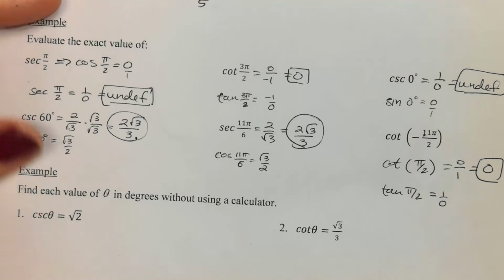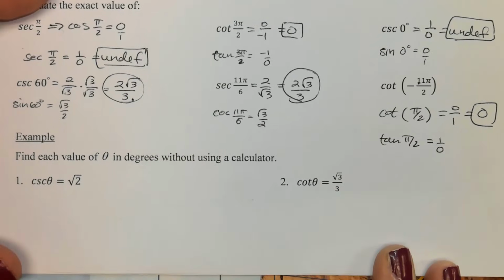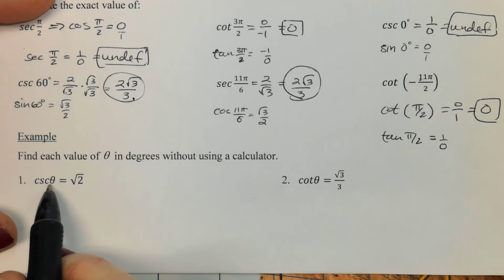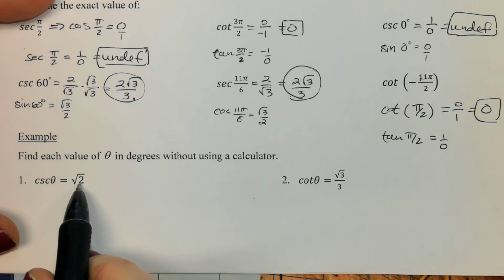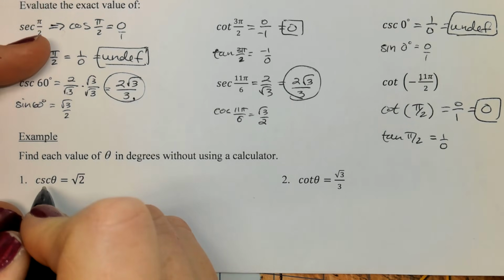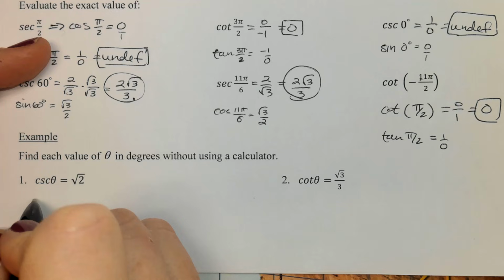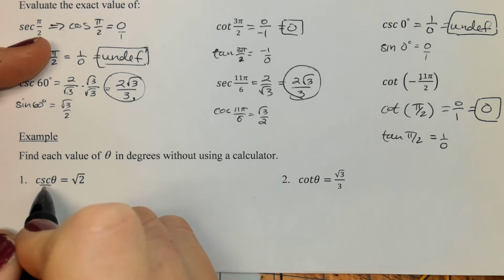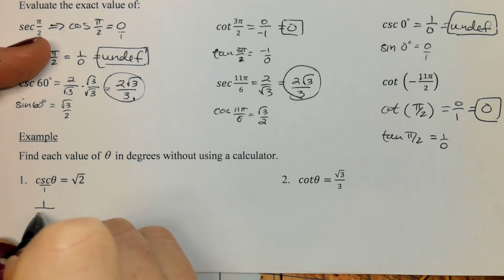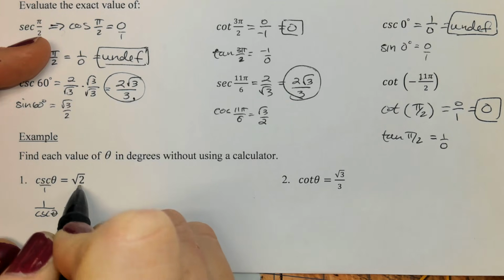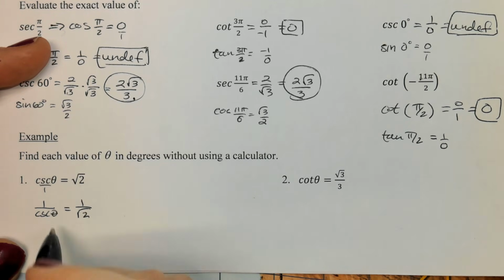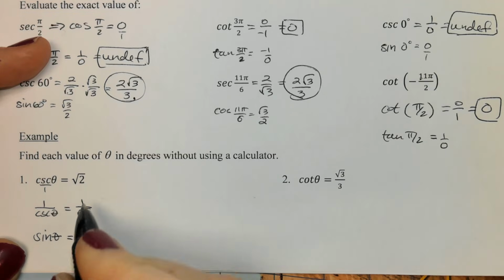Last two, it says, can you evaluate them without using a calculator? So this first one says the cosecant of theta is square root of 2. So I can turn cosecant into sine. So all I have to do is flip this. So if I flip it into 1 over cosecant, I also have to flip that. And 1 over cosecant is sine, so that's nice.